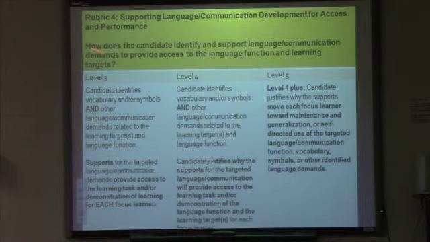All right, so here, the question. How does the candidate identify and support language communication demands to provide access to the language function and learning targets?